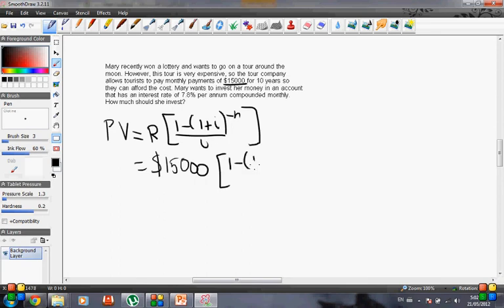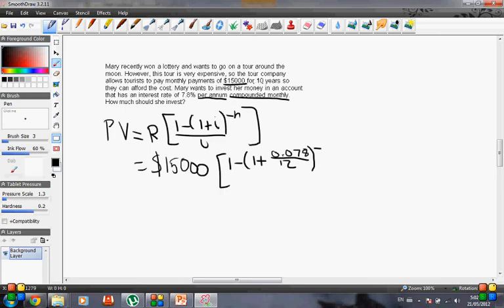Let's move on. So we have 1 plus interest rate. Again, it's 7.8% per annum, but it's compounded monthly. So we have to divide this value by 12 to get the interest rate per month. So you have 0.078 divided by 12, leave it as a precise value, to the power of, what would the n value be here?